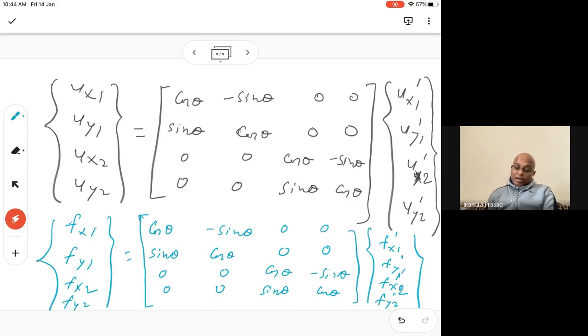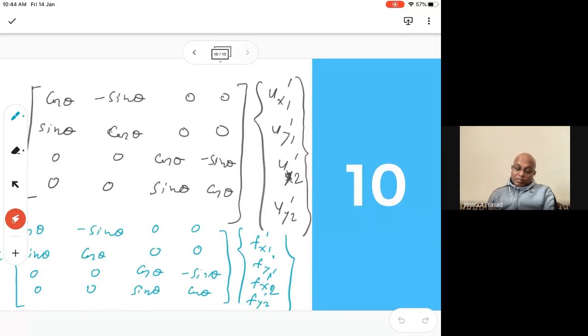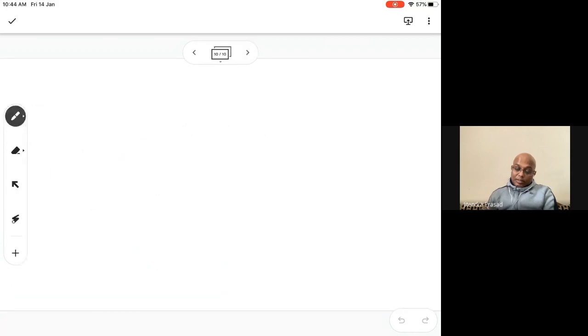So now let's see. For the system, we know we have k dash u dash equal to f dash, right?